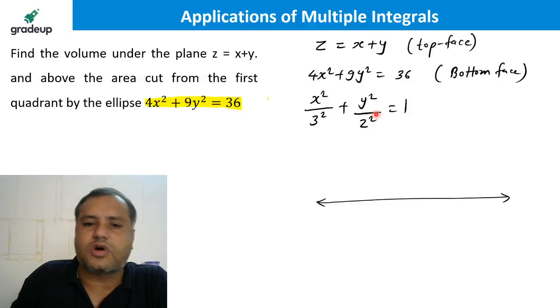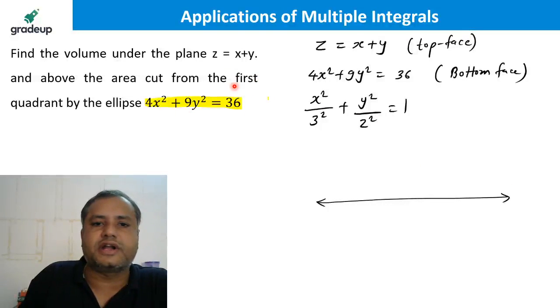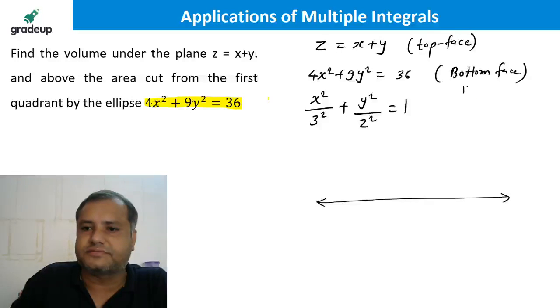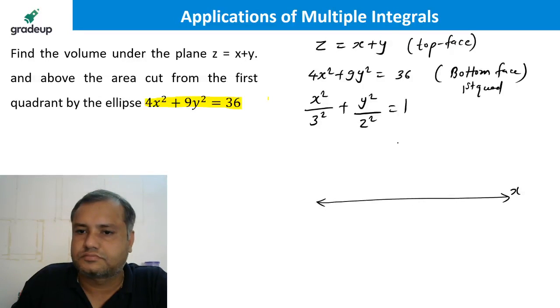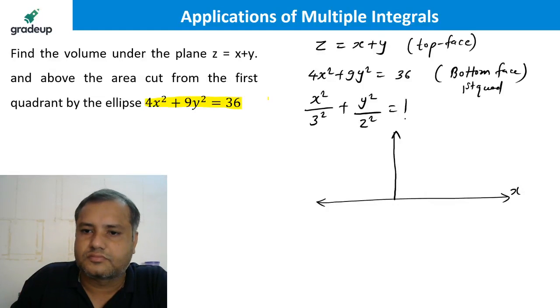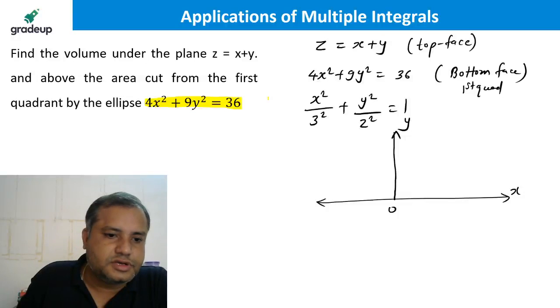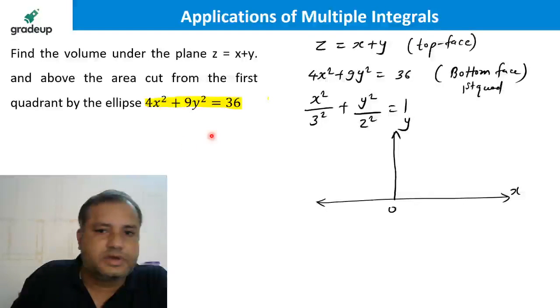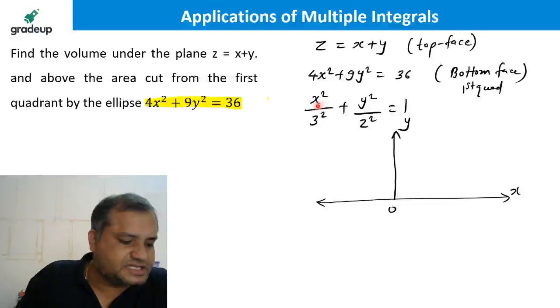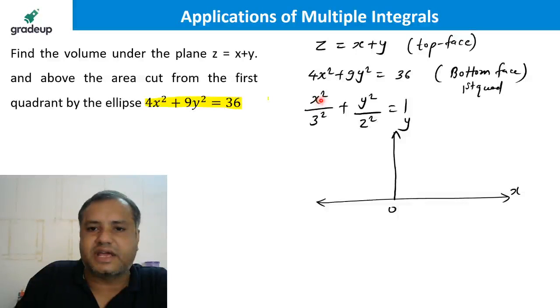So only the first quadrant of this ellipse is your bottom face. Yes sir, this ellipse is cutting the x-axis at a distance 3 and the y-axis at a height 2.